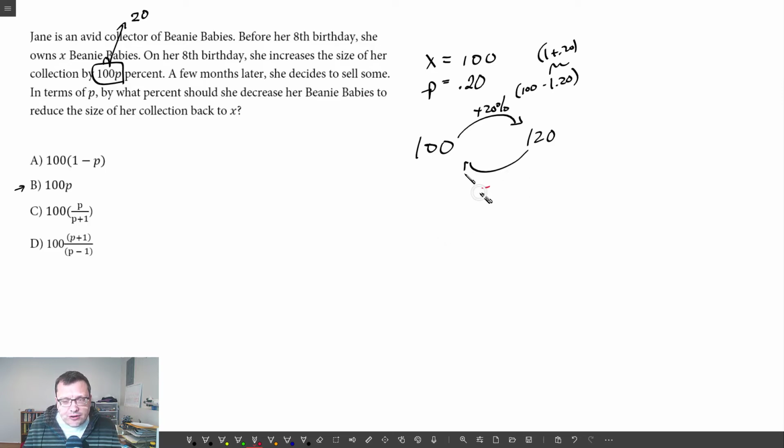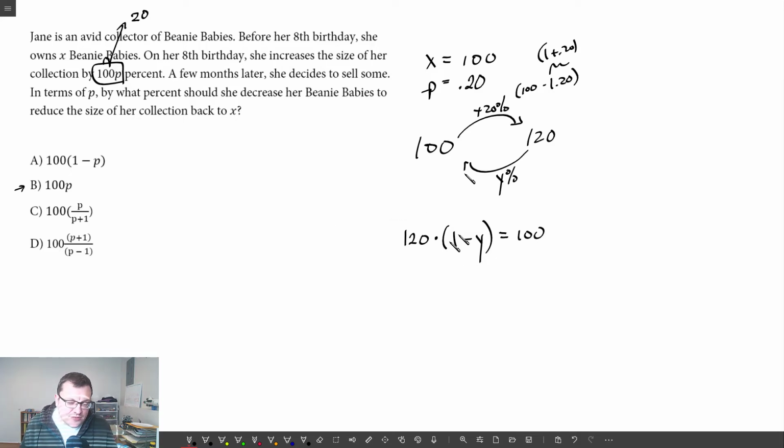But what we need to do is figure out what percent will get us back to 100. Let's give it a different letter. We'll call it y. So this is going to decrease by y%. That means I'm starting with this number, 120. I'm going to decrease it by 1 minus y as a decimal, because I'm going to be decreasing it by a certain percentage, and I want to get back to 100.